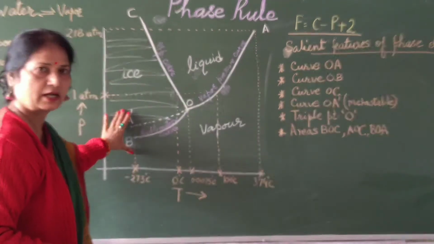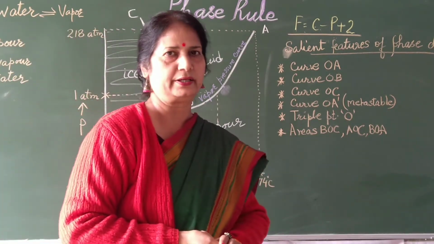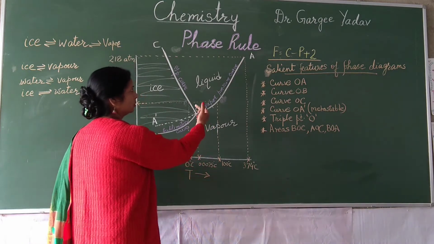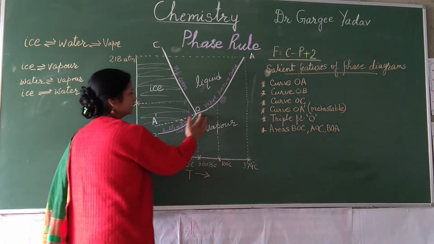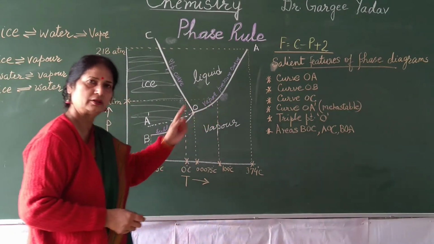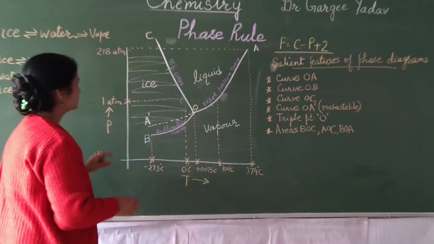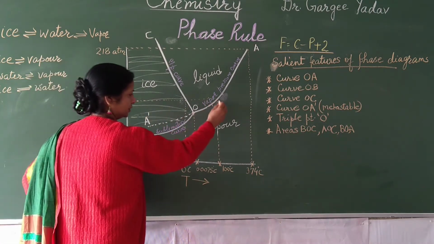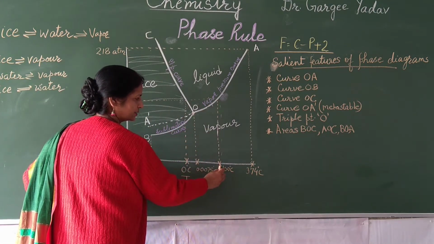So now let's come to all the curves and areas one by one. First of all, let's take this curve OA. As we can see, this OA is the vapor pressure curve for liquid water. The 1 atm line cuts it at 100 degrees centigrade.